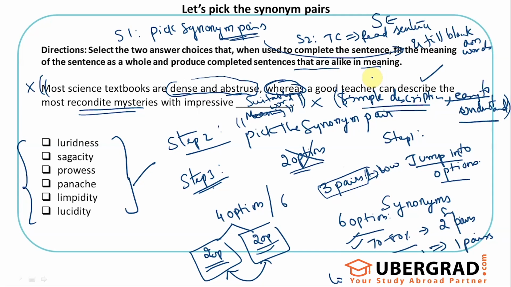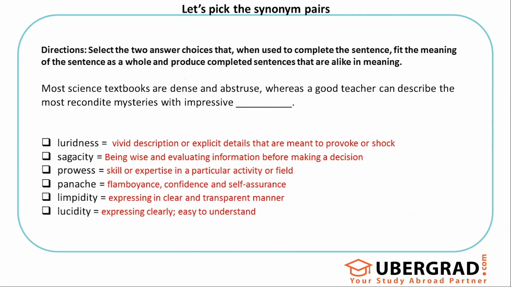By chance, if you don't know the words, there is a good chance that you might not know the meaning of all the words. There are some indeed good words over here. So what I am doing is I am giving you one more chance to give it a final shot for this question. So read through the 6 words' meanings. Follow the style that I have explained just now. Step 1, pick the pairs.